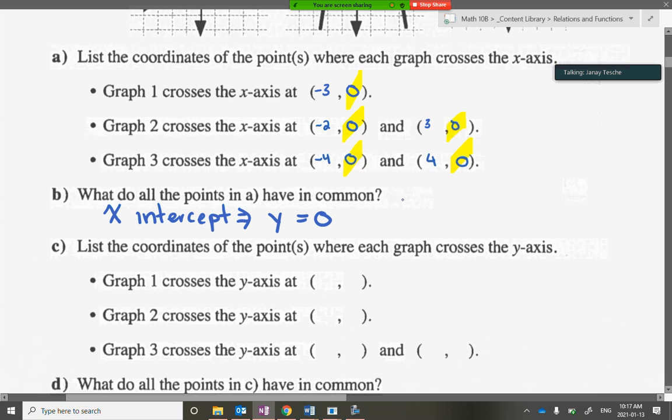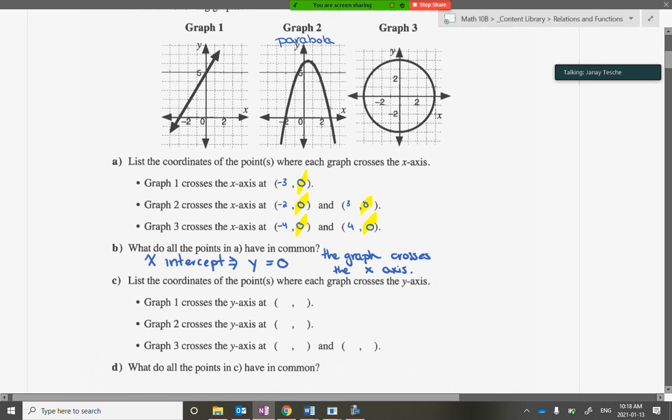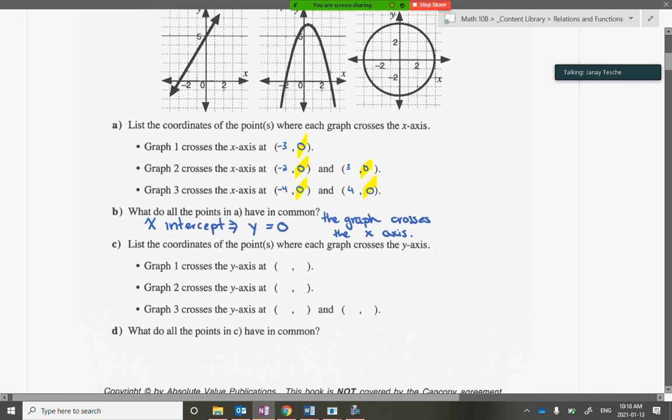My apologies, I said that wrong. It's the only way it'll cross our x-axis. So our x-intercept is where the graph crosses the x-axis.